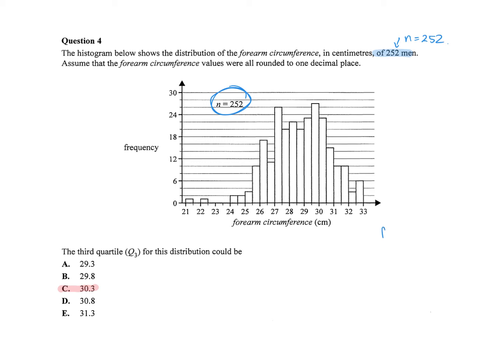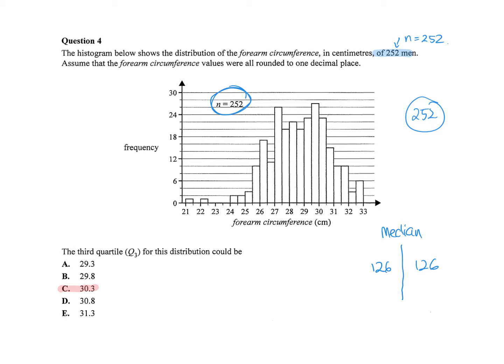When we find the median, we know that it's the halfway mark of all the data. If I've got 252 in total, half of 252 is 126, so there'd be 126 below and 126 above the median.